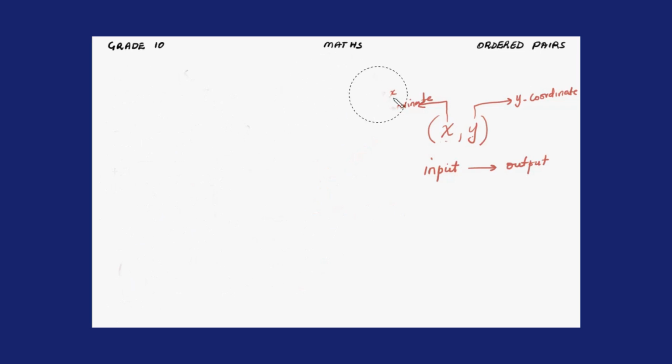Just want to show you something here, guys. I'm sorry. We have ordered pairs, -2, 0.